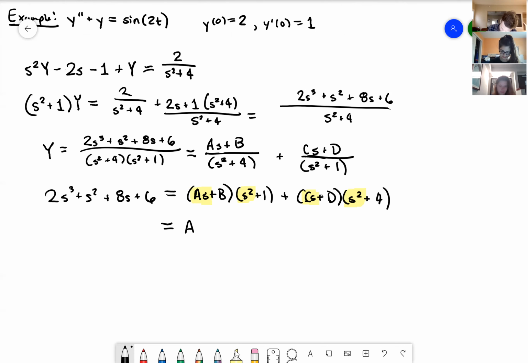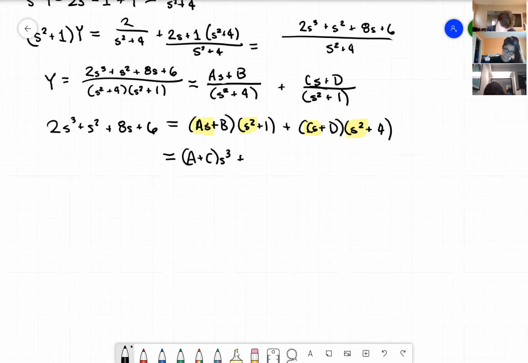So I'm going to get a plus c s cubed plus, let's see, what are our linears? As times 1. No, so we need a quadratic. So b times s squared plus d times s squared, plus, now our linears.